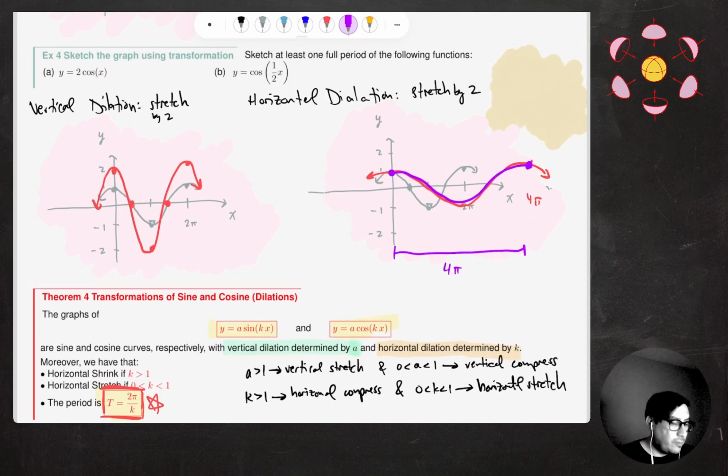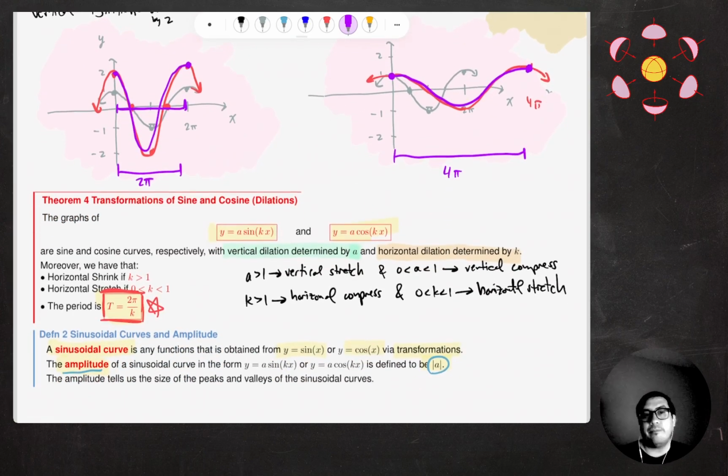For the normal function, this one repeated the pattern from here to here. Even though it was stretched vertically, it still kept that 2 pi. There's a formula that's really helpful to remember that tells us the period of a trig function, sine or cosine. We use capital T for period. That's just traditional. And the formula is 2 pi divided by k.